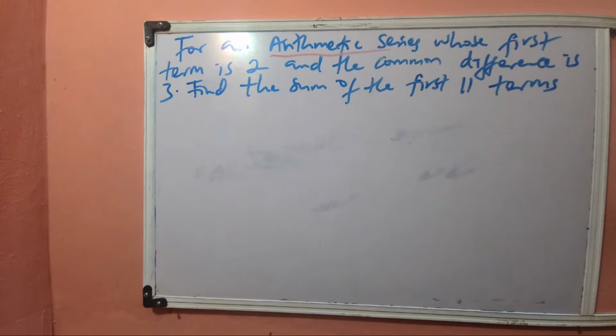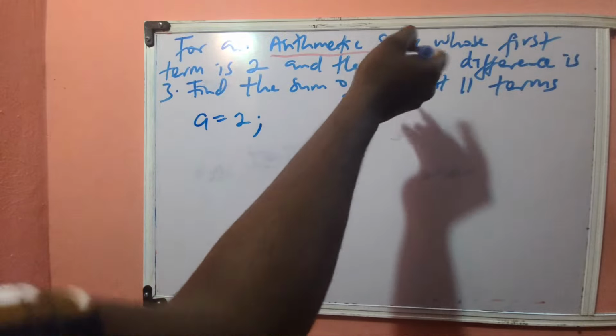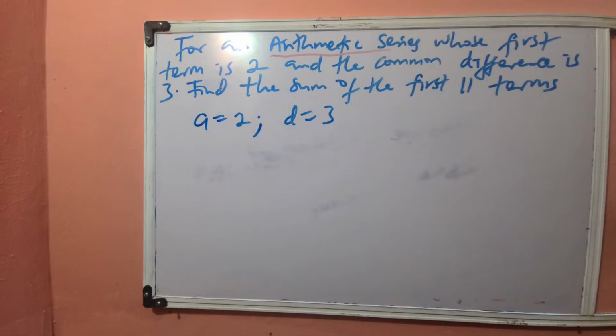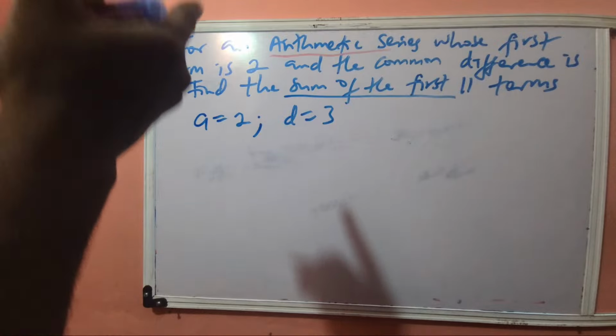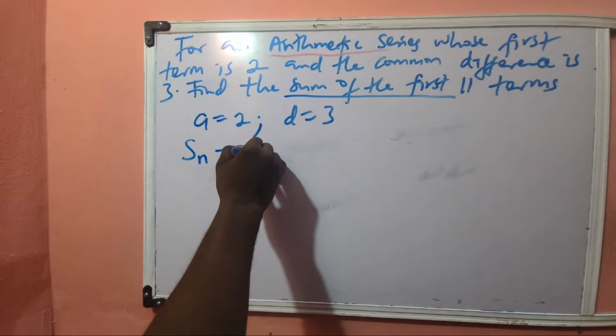So obviously, this is different from that of a geometric series. It said whose first term is 2. That means I know that my a here is 2, and the common difference d is 3. We're told to find the sum of the first 11 terms. So to find the sum of the first n terms of an arithmetic sequence, it's quite different from that of a geometric sequence, and it's given as this.